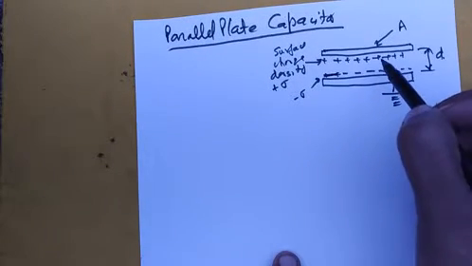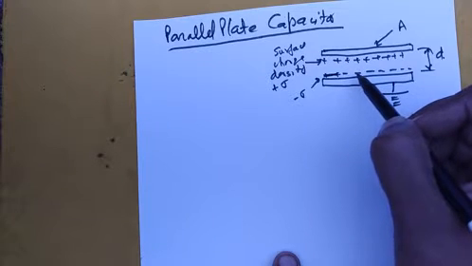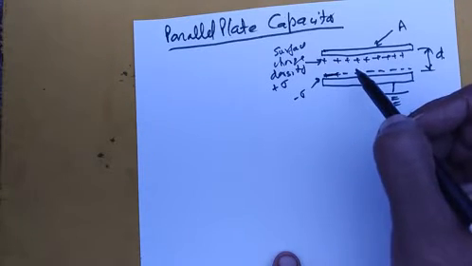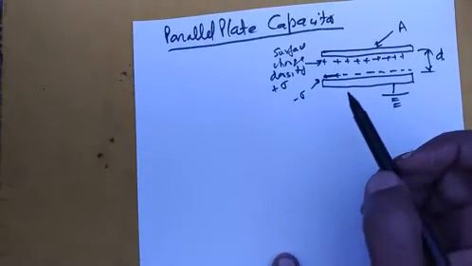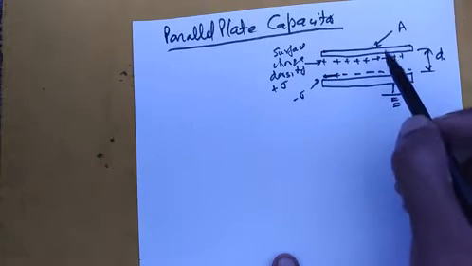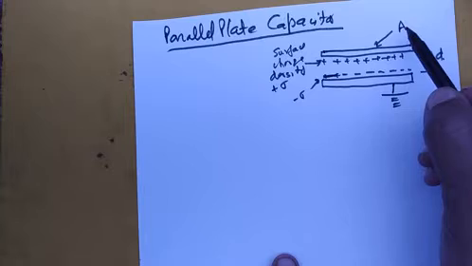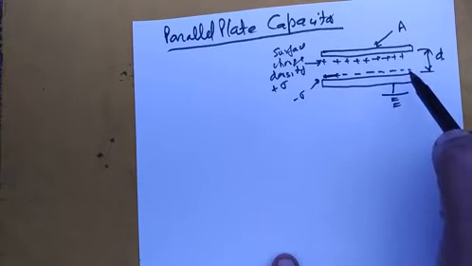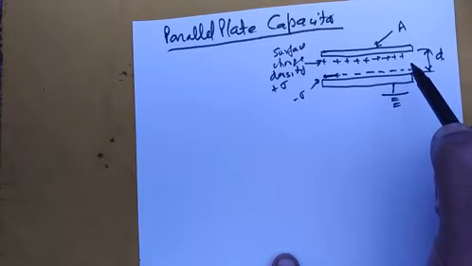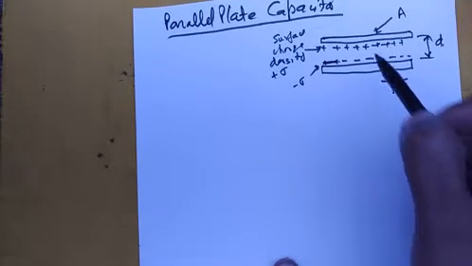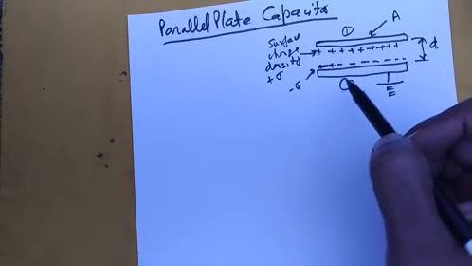So by any means we will have to provide this plus Q charge over here and minus Q charge over here. Okay. So basically, how to define the parallel plate capacitor? The parallel plate capacitor consists of two thin conducting plates, each of area A, held parallel to each other at a suitable distance D. Let upper one be 1 and lower one be 2.